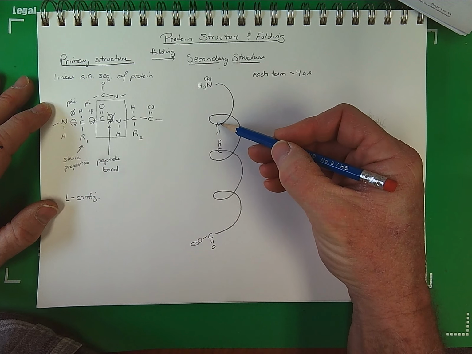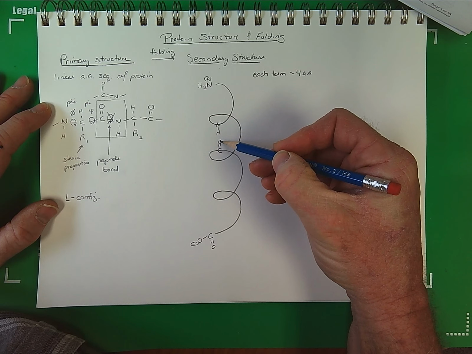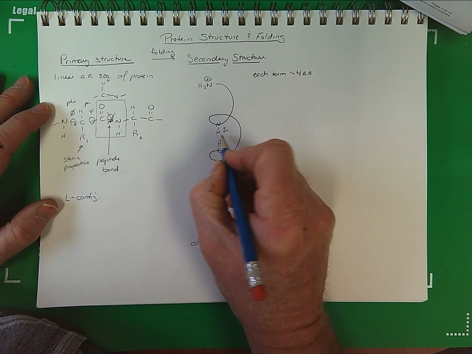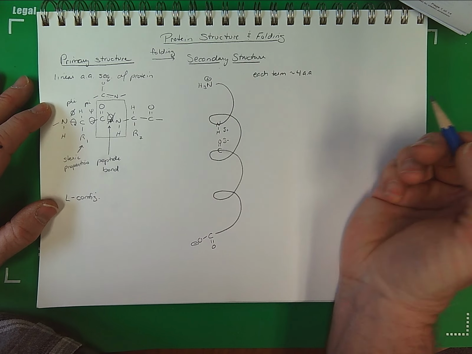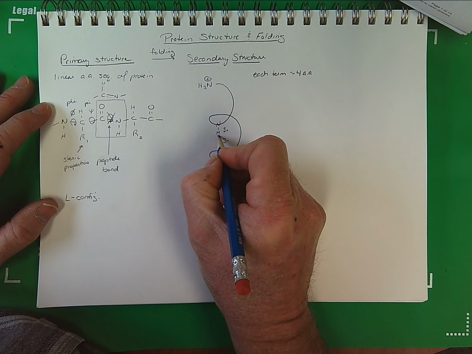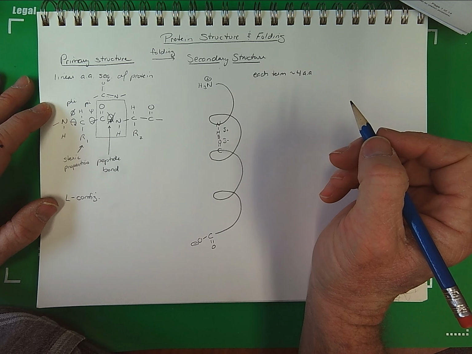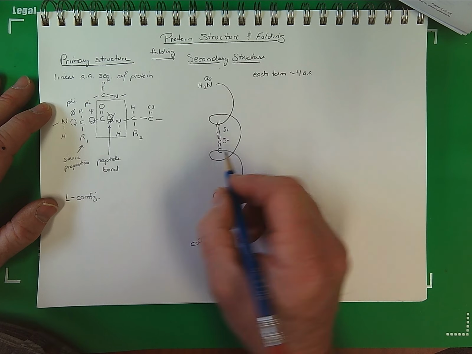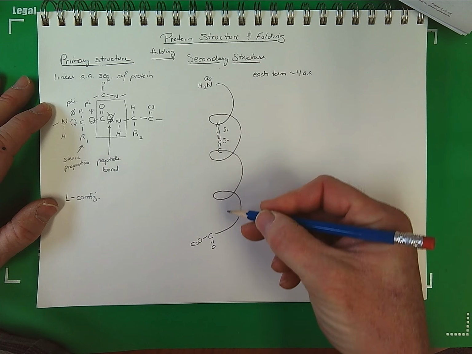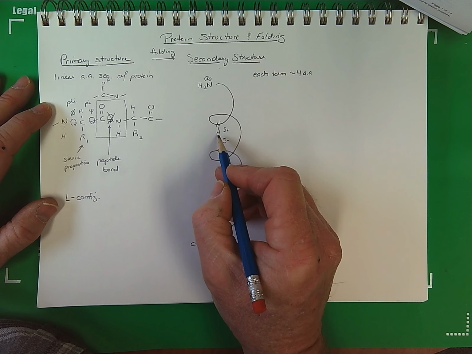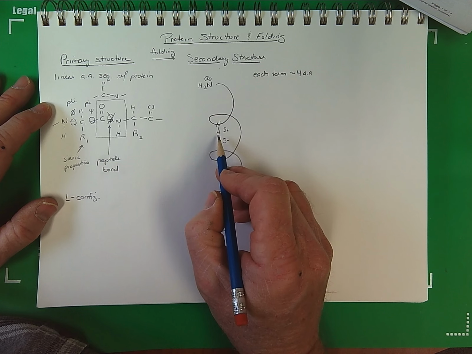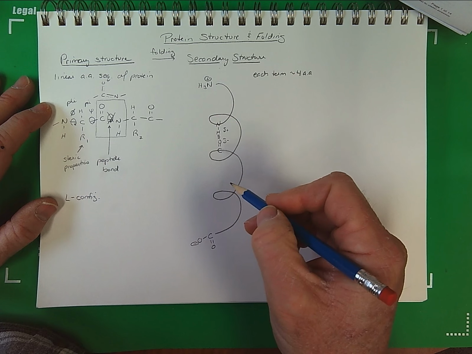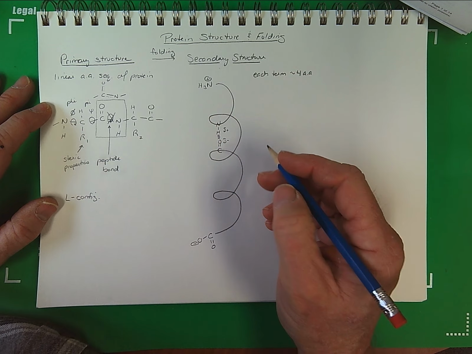Now recall, because of the electronegativity of the nitrogen and oxygen, these are going to be electronically shifted so that we have a partial positive charge on the hydrogen and a partial negative charge on the oxygen. These will form hydrogen bonding. This will happen progressively down the chain. Now, each one of these bonds is weak. This is not a covalent interaction. However, the accumulation of all of these down this entire looped structure will be additive and give the stabilizing.